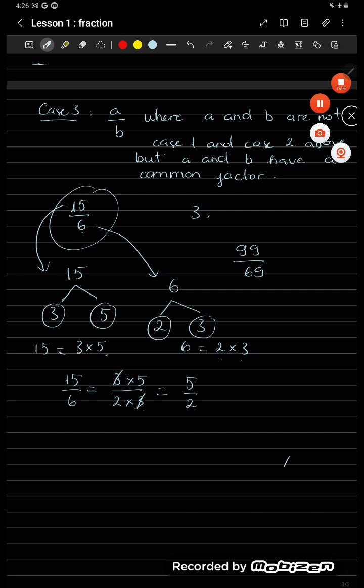Now we continue with the second example, 99 over 69. Okay, so I write it again here, 99 over 69. This fraction has big numbers, right? Because they are big numbers, we cannot use the multiplication table here. We can only use some rules, like how to find some rule.